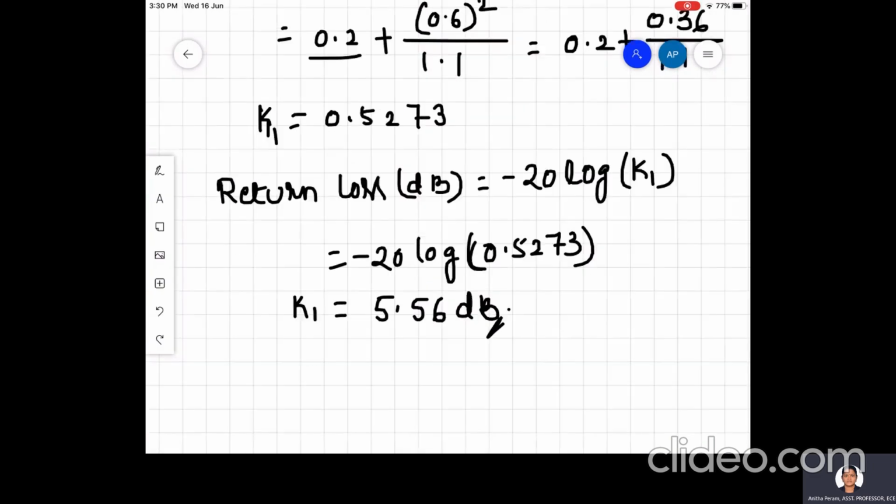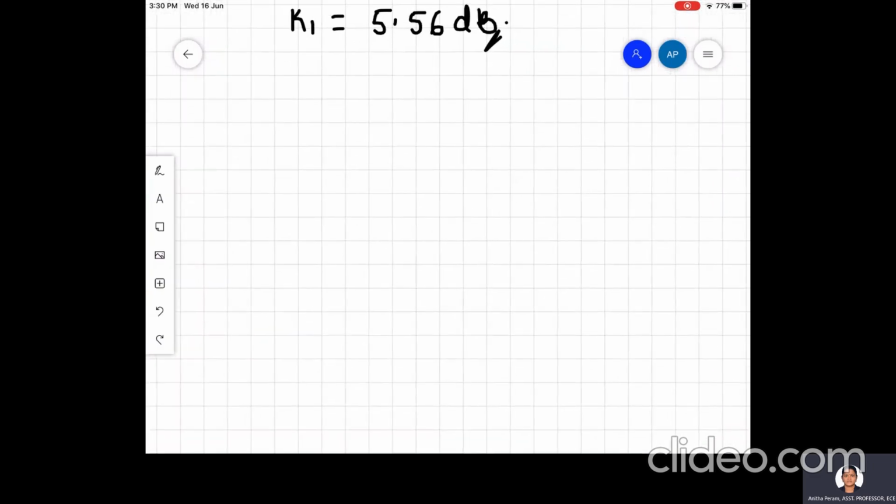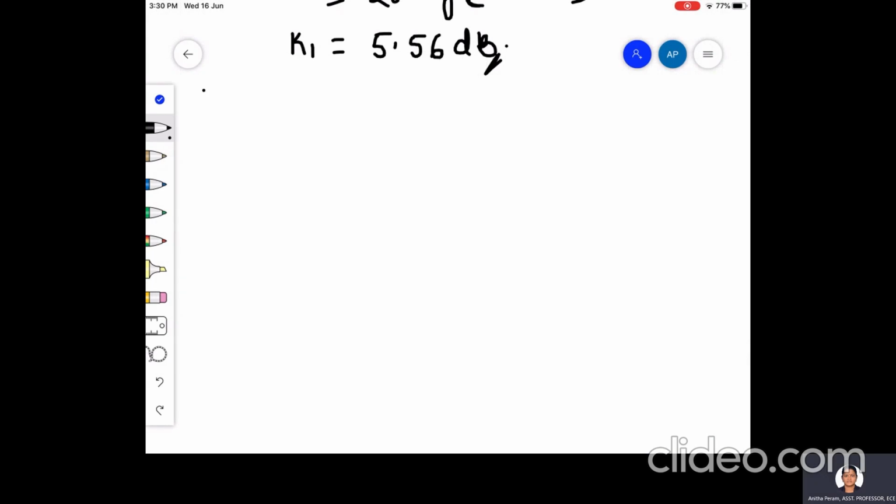In the same manner, we will take up another problem, which is repeated many times in the previous year question papers. All the problems we are solving are from the question papers only.